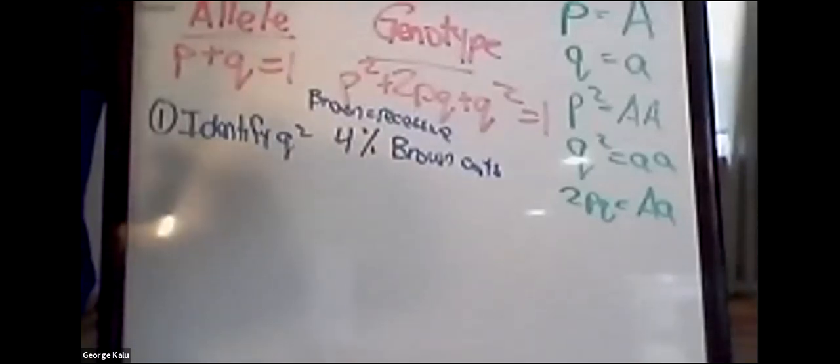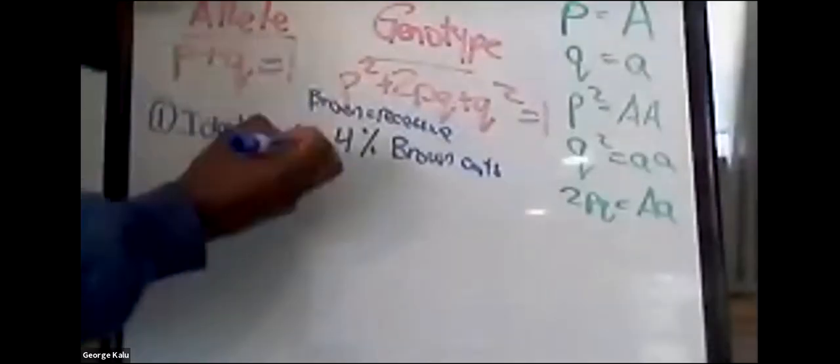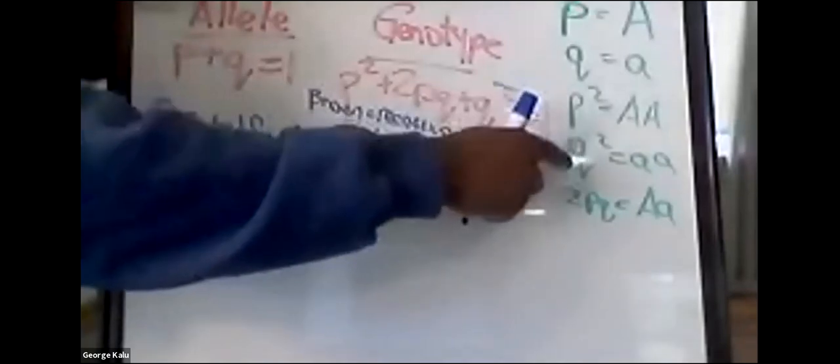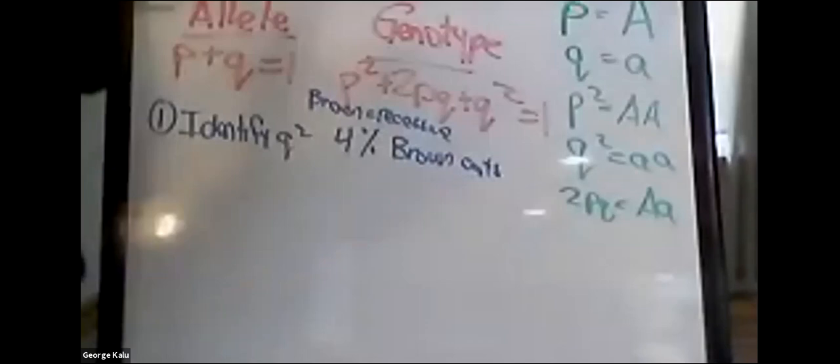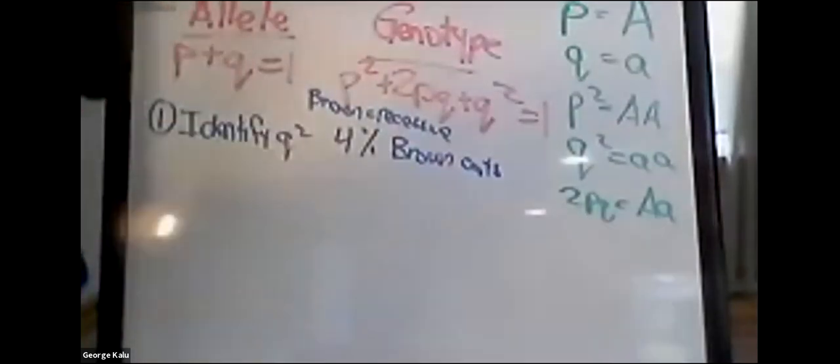Anyone have an idea? Try not to overthink it too. So to repeat the question, we want to identify what our Q squared is. That's the first thing we want to do. Our Q squared is our homozygous recessive individuals. So what is our Q squared in terms of a percentage?